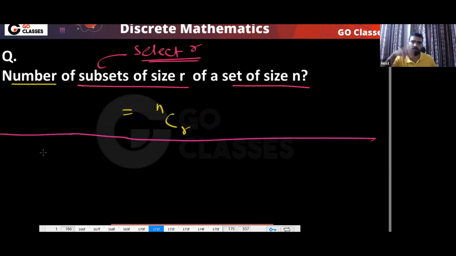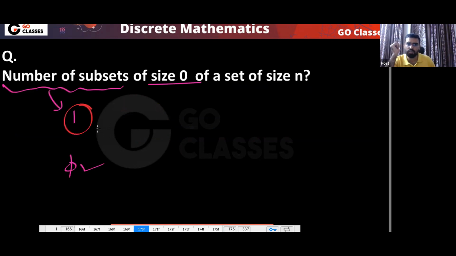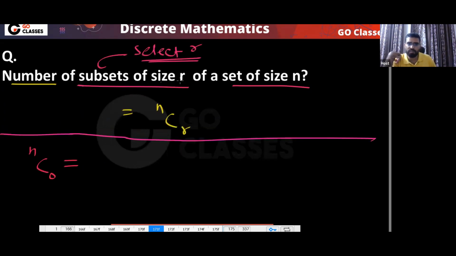Now tell me, number of subsets of size 0, what will that be? According to this, what should NC0 be? NC0 should be 1, because you told me that there is only one subset of size 0, and number of subsets of size R is NCR.